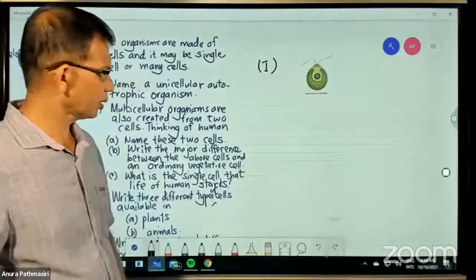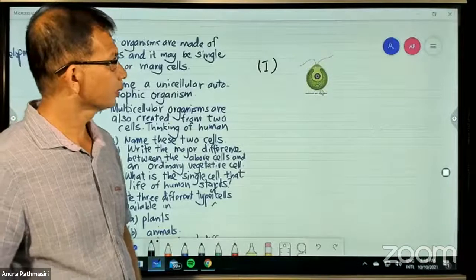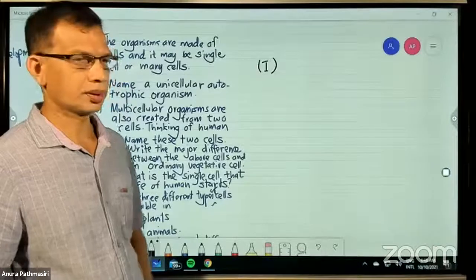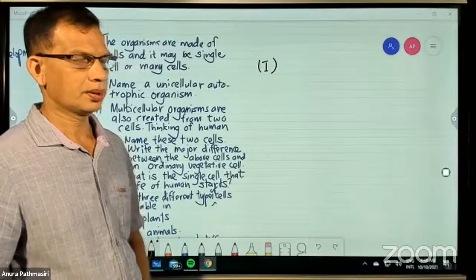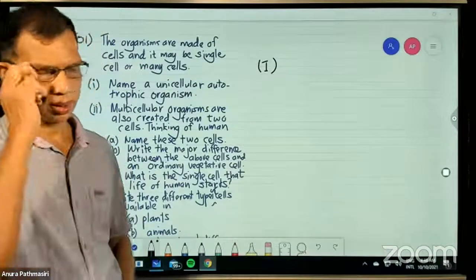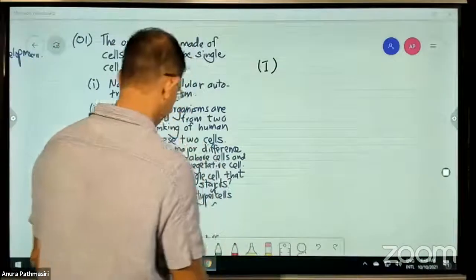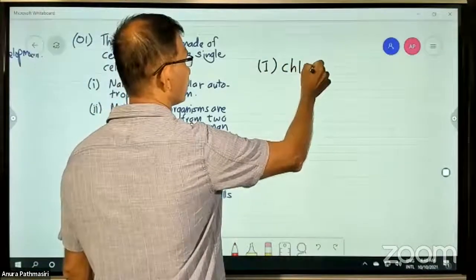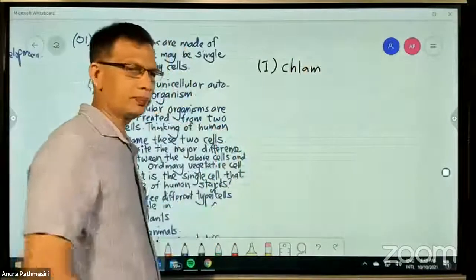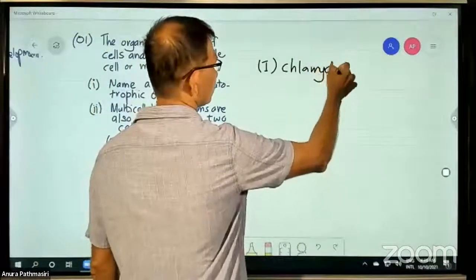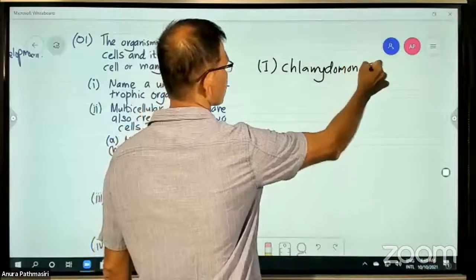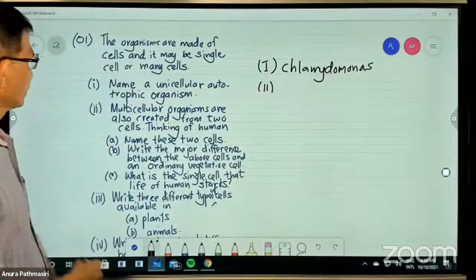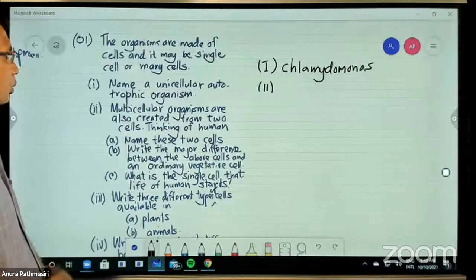It is unicellular and photosynthetic, right? That's chlamydomonas. How to spell chlamydomonas? Ulva is correct for the unicellular autotrophic organism.